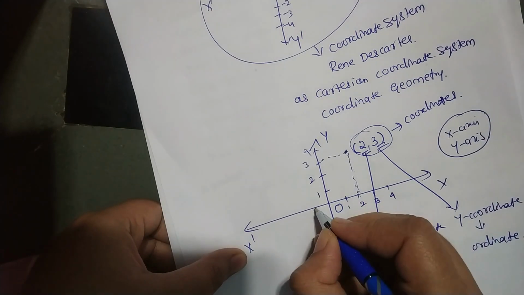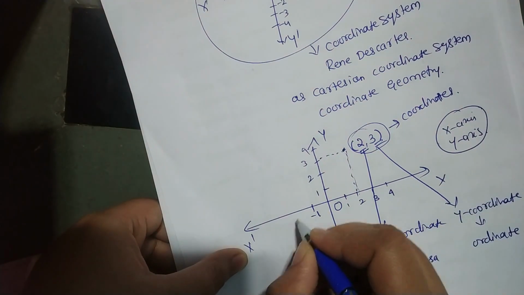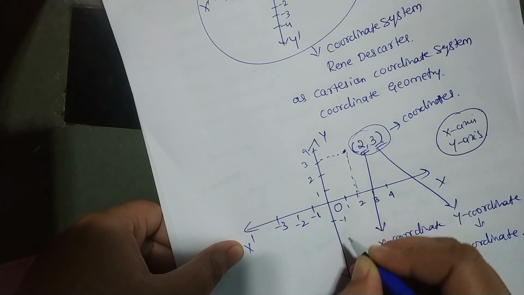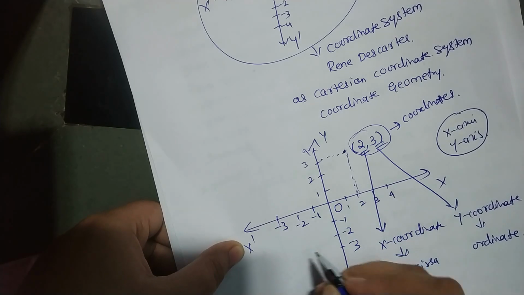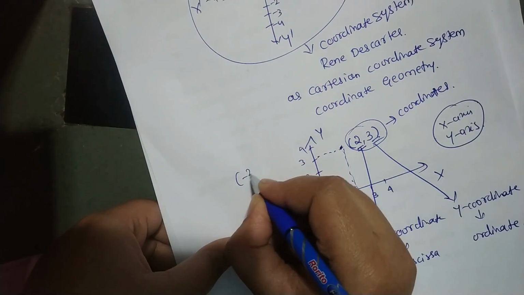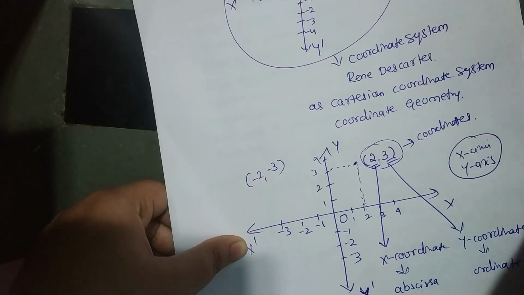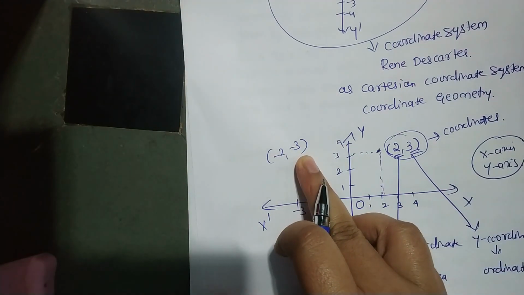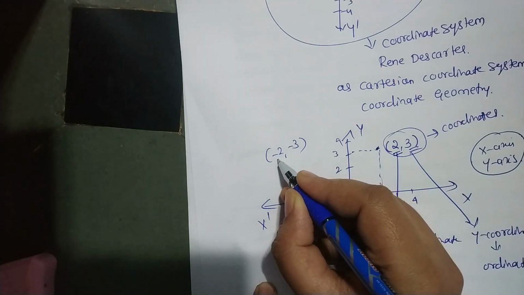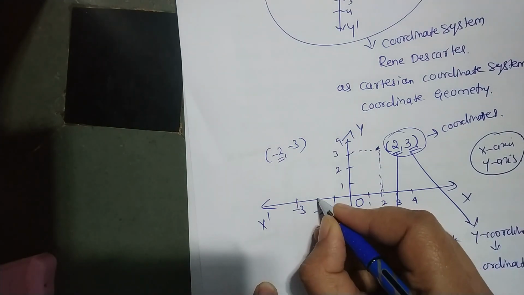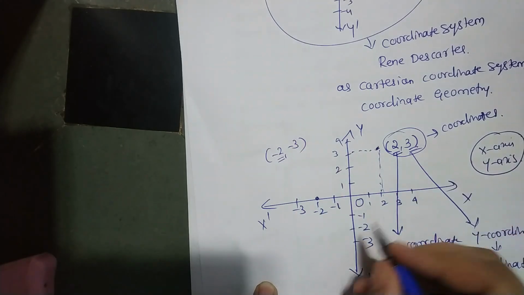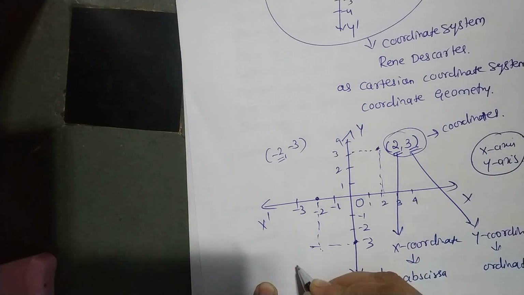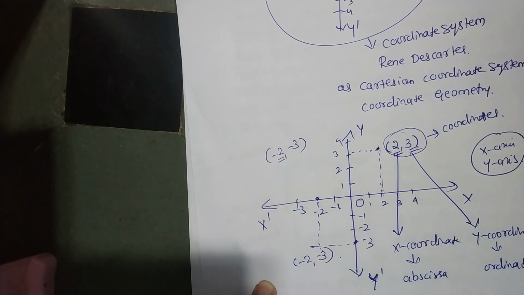Similarly, if you want to find the location of (-2, -3), what is the location of this point on the plane? Let us consider the value of the x-axis first. The value of the x-axis is -2. The value of the y-axis is -3. So the intersection of these two values is (-2, -3).